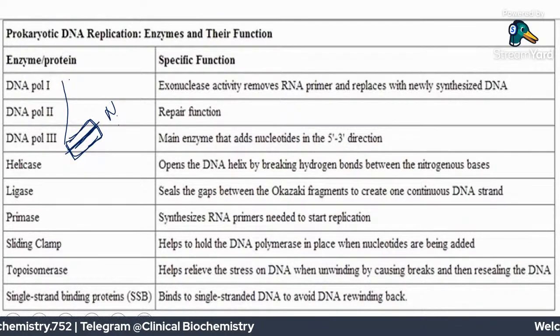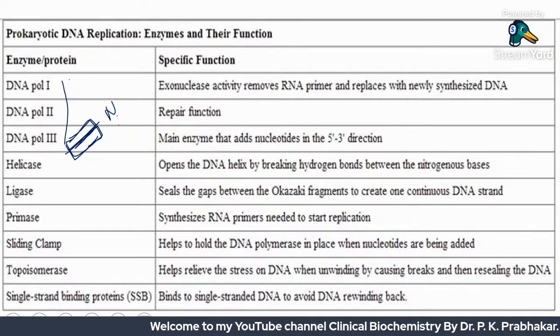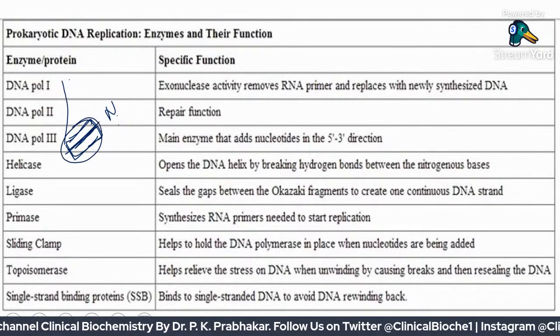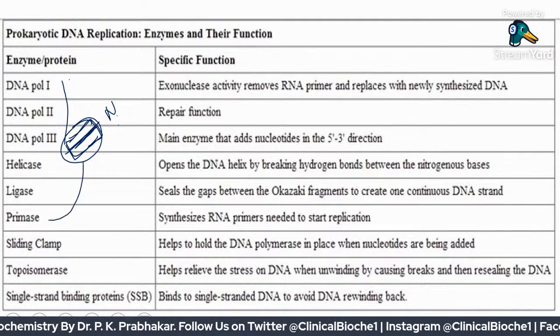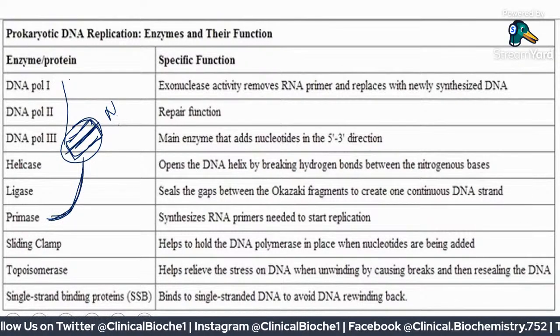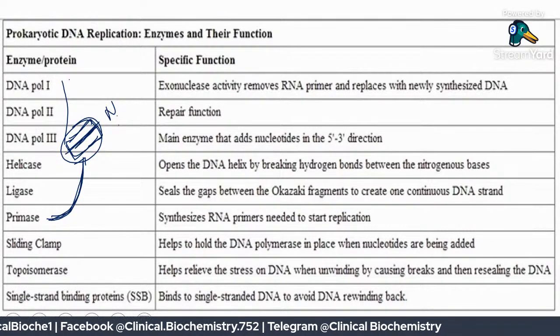So DNA polymerase cannot start a DNA chain from zero. It needs a certain pre-existing fragment, and that pre-existing fragment is produced by primase. RNA polymerase can start from zero. So primase is the first enzyme which starts DNA synthesis, a small RNA molecule actually, and on that DNA polymerase adds nucleotides.